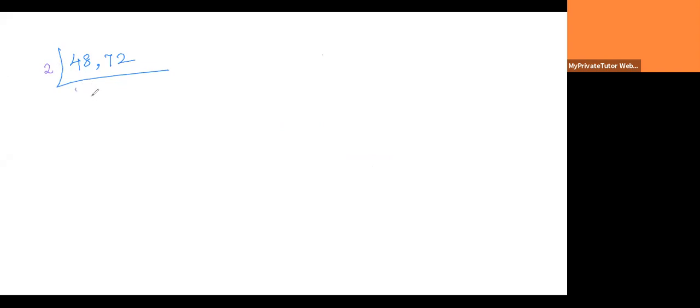Let's start with 2. So 2 24s are 48. 2 36s are 72. And the next two numbers, 24 and 36, which is the common number by which both are divisible? 24 and 36 are both divisible by 2, isn't it?